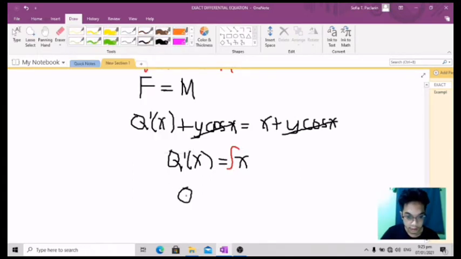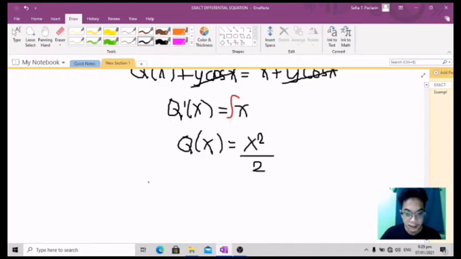So q of x is equals to x squared over 2. After this, we can now substitute the q of x to the original solution f.